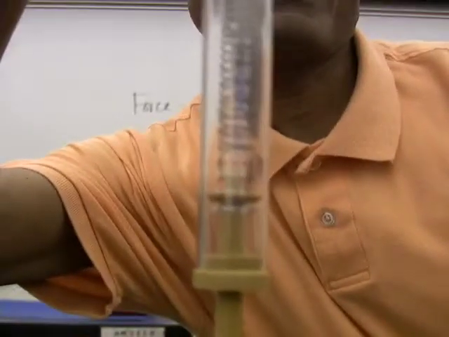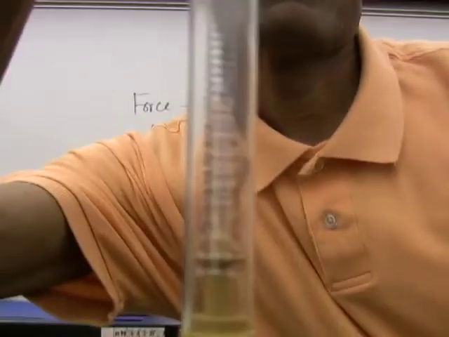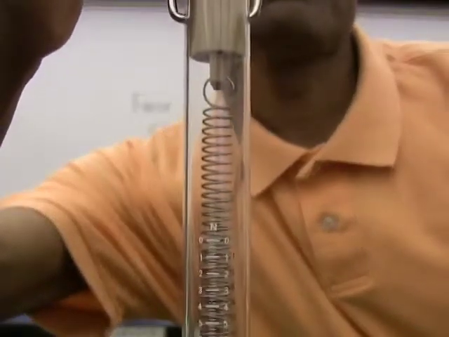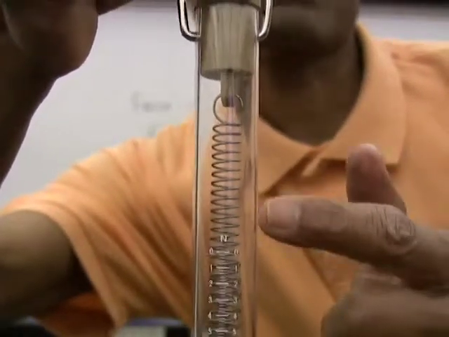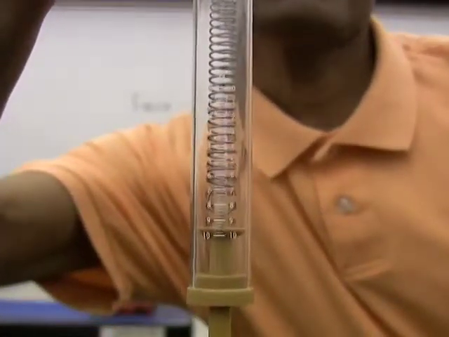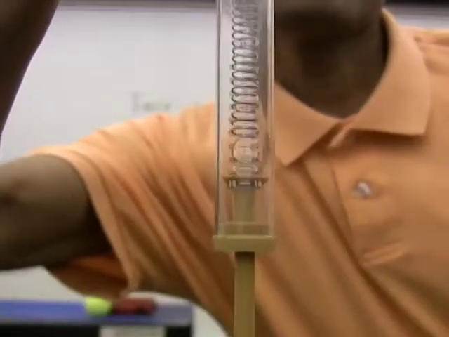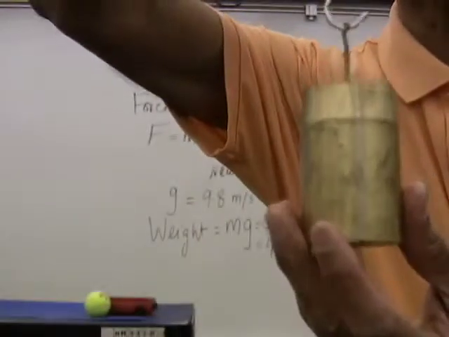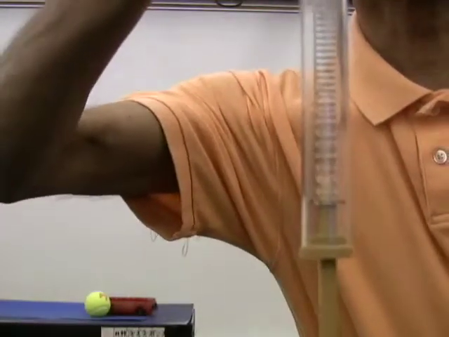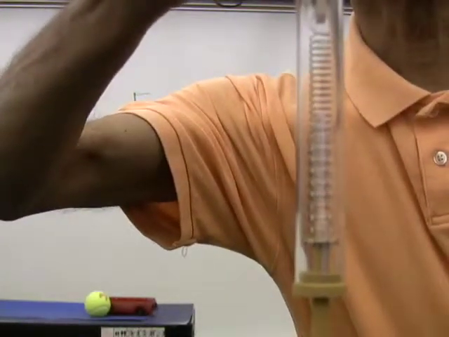All right. Now, it's coming clear. It is marked in Newton. You can see it up there. And the weight of this is about 9.8 Newton. This is 1 kilogram. The weight of 1 kilogram is 9.8 Newton.